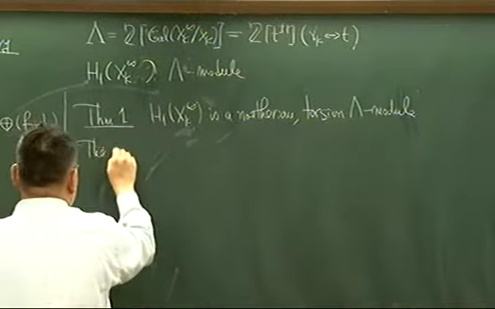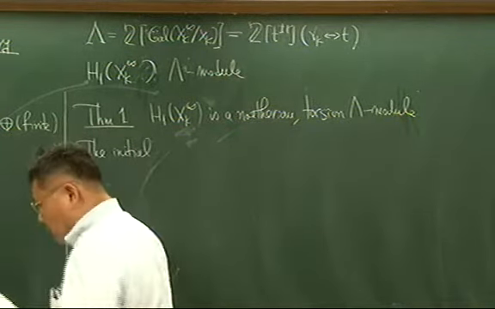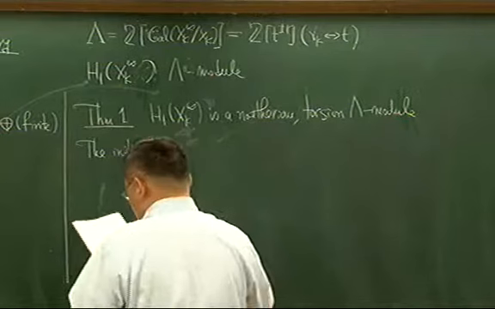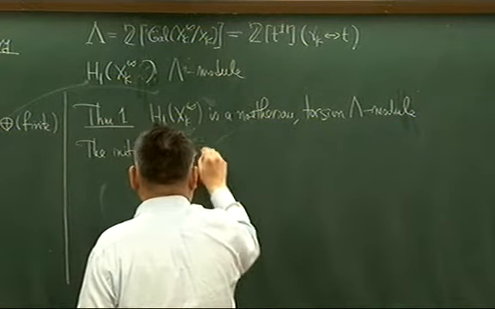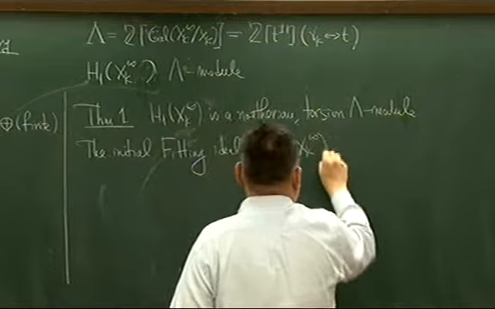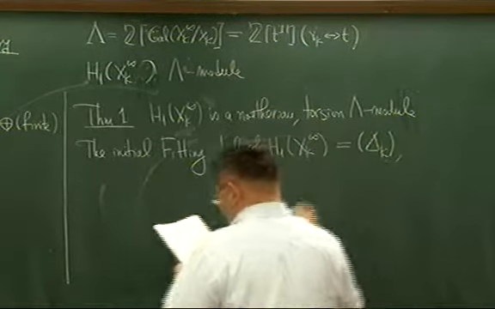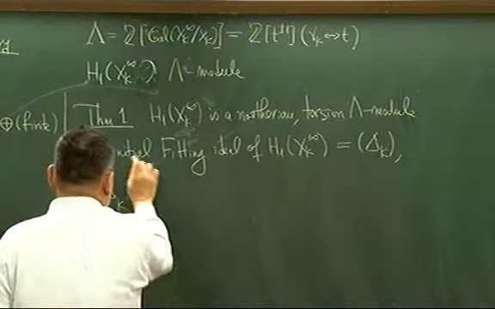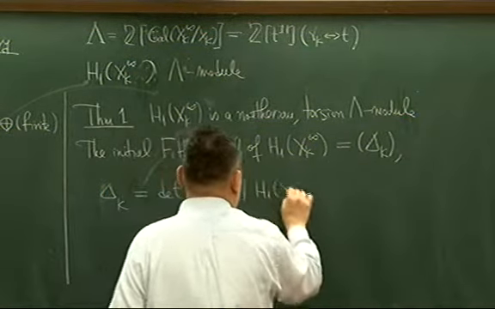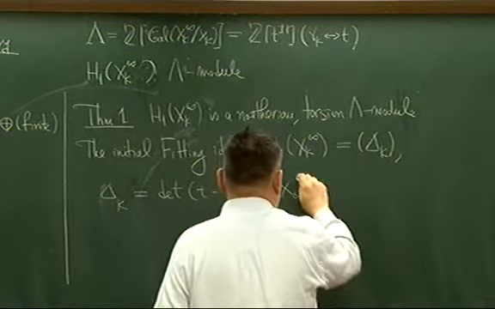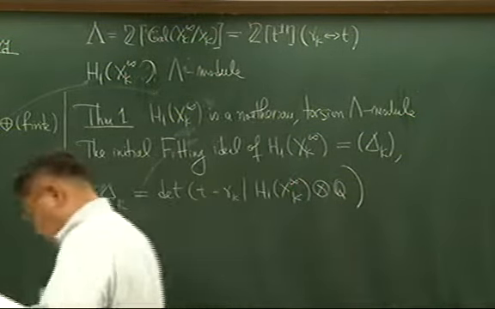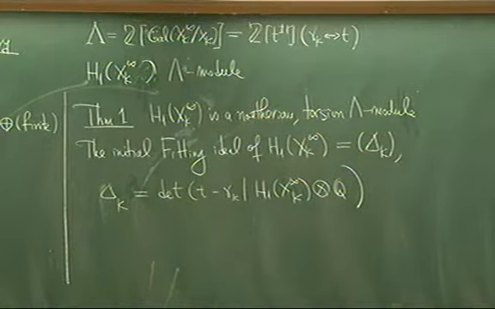And the initial elementary ideal, the topologists call it elementary ideal, but algebraists call it Fitting ideal, of H_1(X_K infinity) is generated by the Alexander polynomial, where the Alexander polynomial is defined by the characteristic polynomial of gamma_K acting on the homology of the infinite cyclic covering. This is a well-known fact.